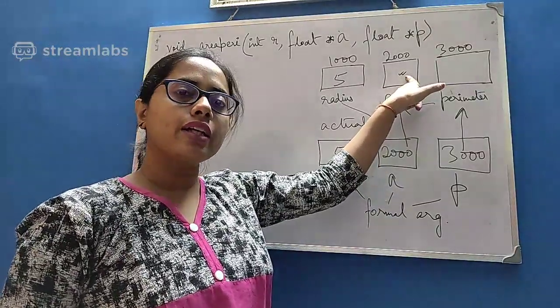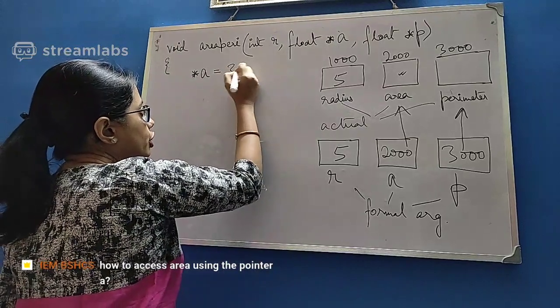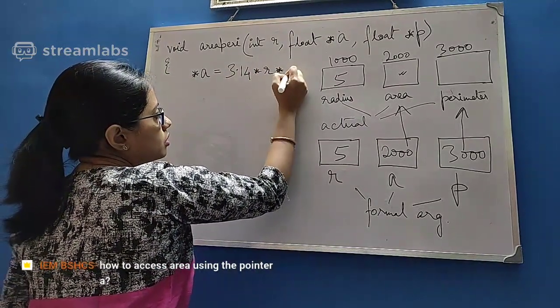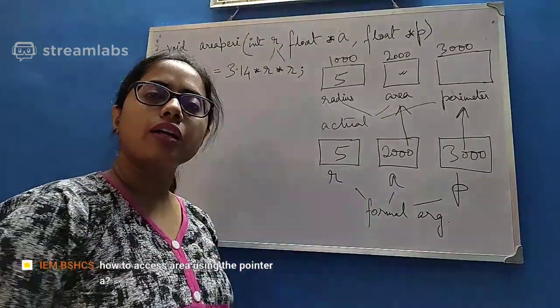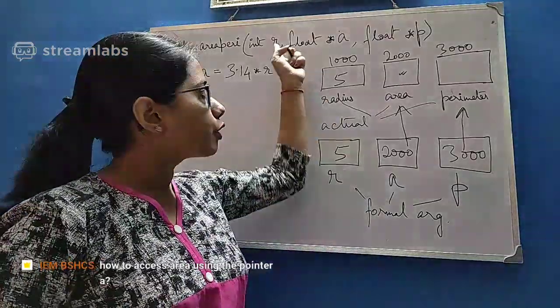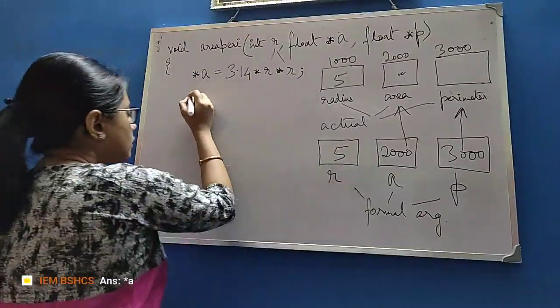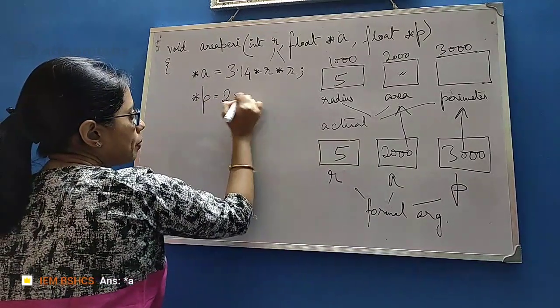And what is that area? It is pi r square. So it is nothing but 3.14 into r, where r is this. I'm getting the value of r from the first argument of my area peri function, right? Similarly, perimeter will be calculated by 2 pi r.